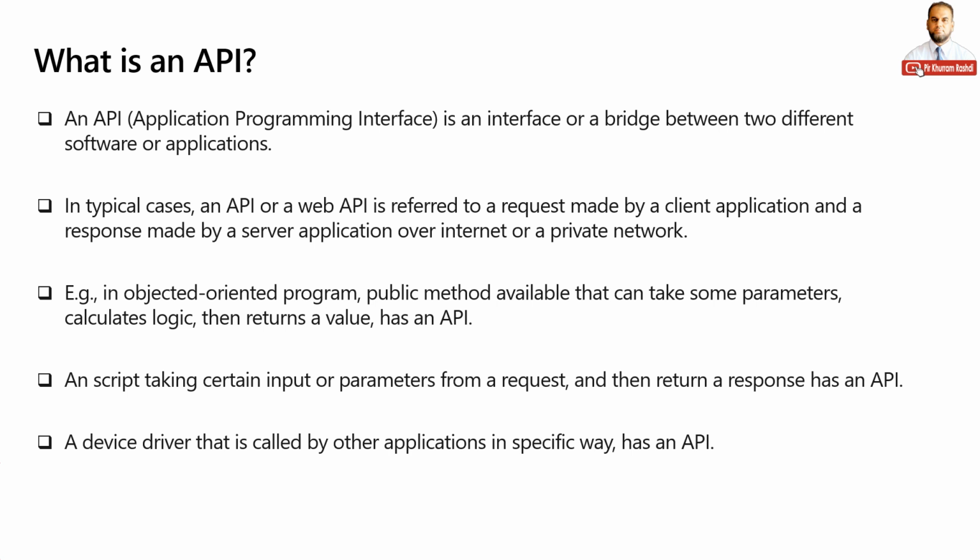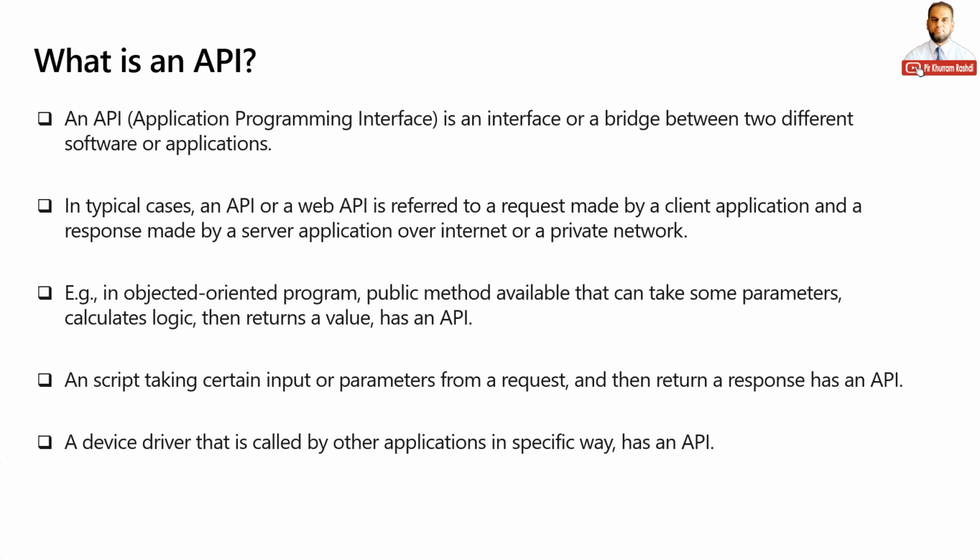Examples can be object-oriented programs, which implement public methods. There are access modifiers: public, private, and protected. Public ones are available to external classes.